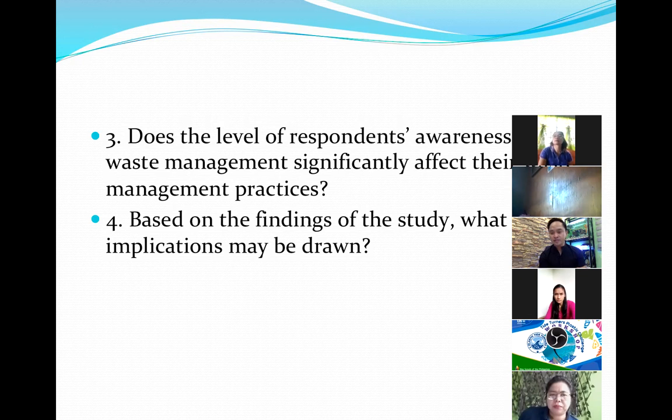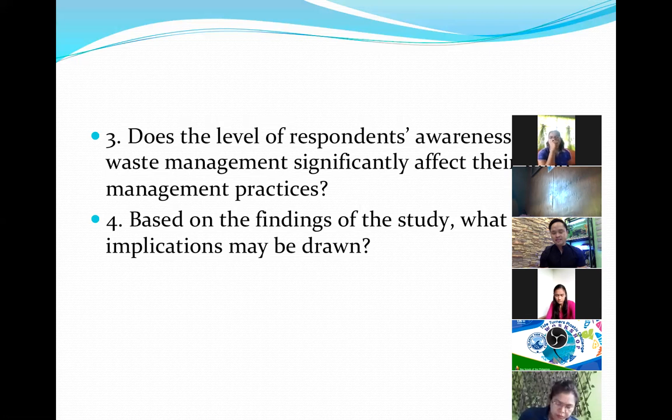Kung kanina unique variable, ito bi-variable na siya. Respondents, awareness, and management practices. Itong number 4 hindi na yan kasama kasi implication lang naman yan. Pero going back to the hypothesis, ano sabi ko kanina? This is the scientific guess about the relationship of 2 or more variables.